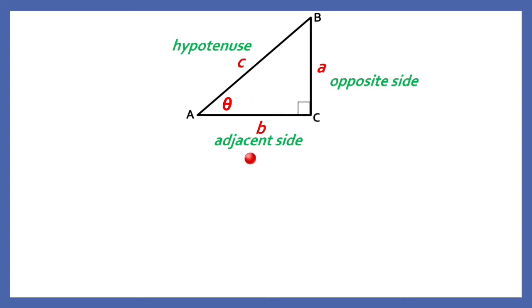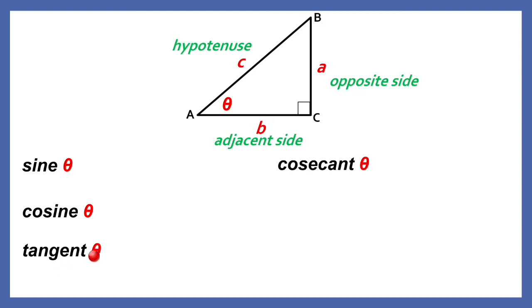Let's now proceed to the 6 trigonometric ratios, namely sine theta, cosine theta, tangent theta, cosecant theta, secant theta, and cotangent theta. Itong 6 trigonometric ratios na to ay meron tayong ginagamit na mga equations.